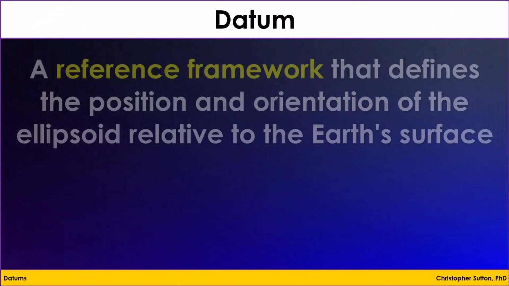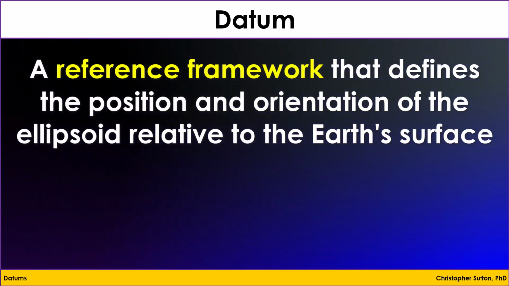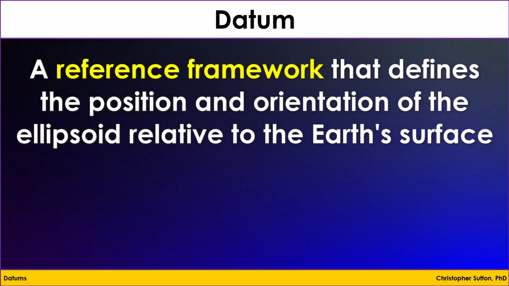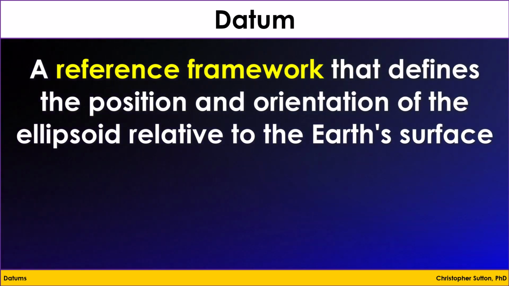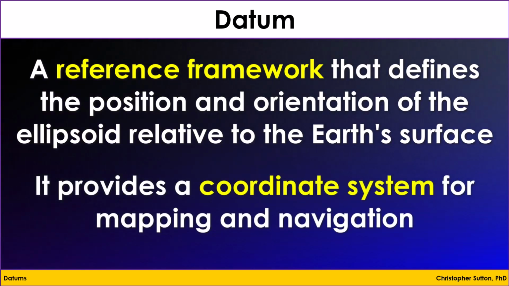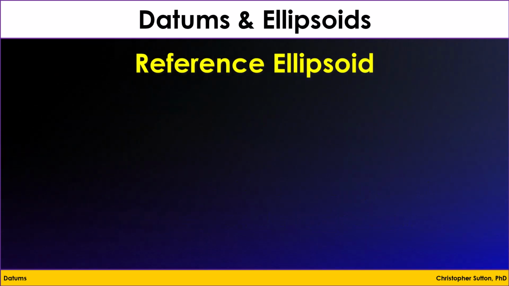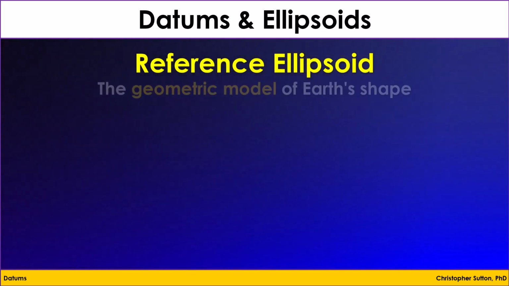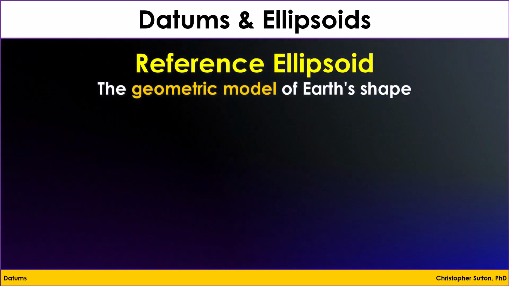A datum is a reference framework that defines the position and orientation of a reference ellipsoid relative to Earth's surface. It provides a coordinate system for mapping and navigation. A datum includes a reference ellipsoid, which is a geometric model of Earth's shape.